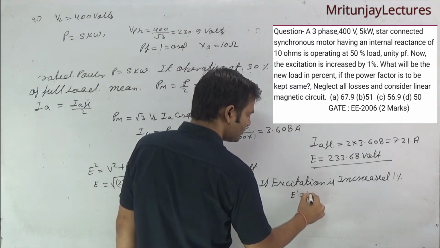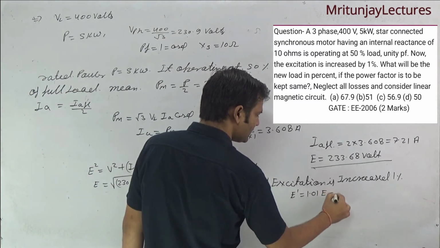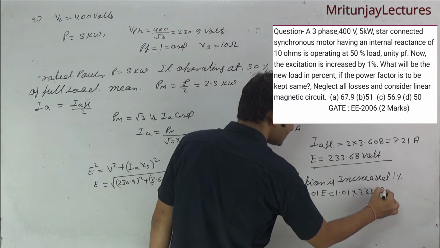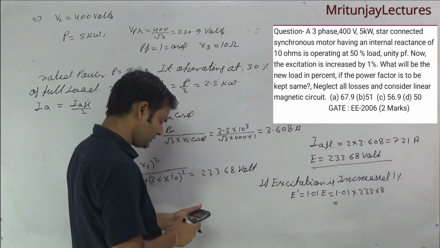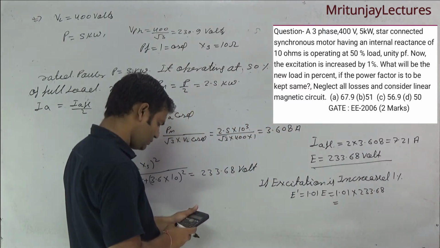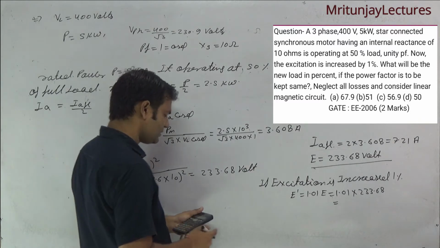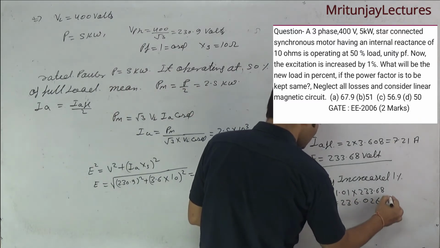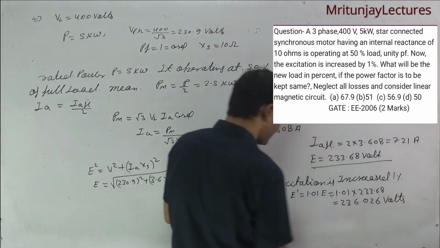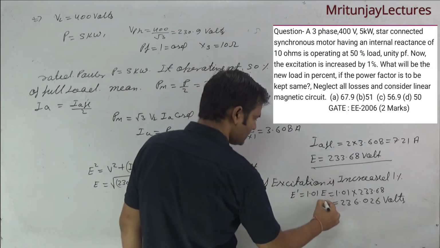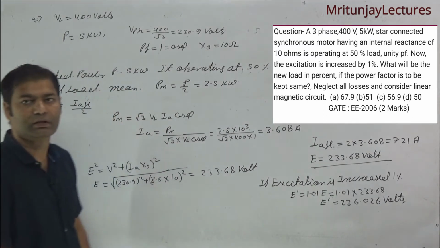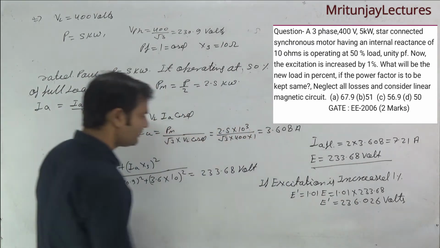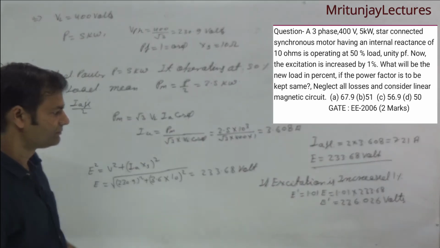E dash will equal 1.01 into E, so 1.01 into 233.68 we got, that is 236.026 volt. E dash will equal this. It is clear what I am saying?